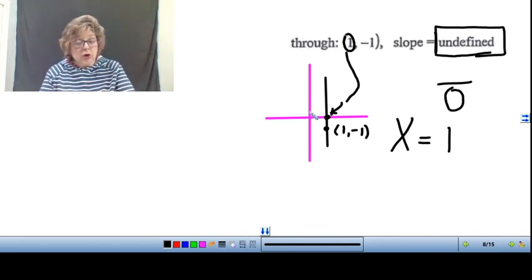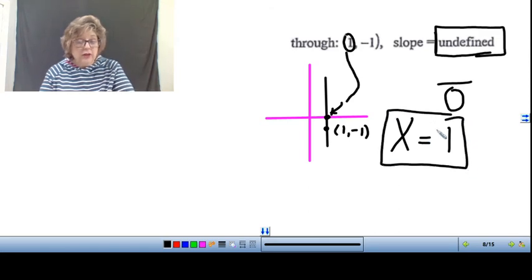Since it's not going to cross the y-axis, I don't have a y variable in the equation. So it has to be just x equals whatever your x value is in your point, and that now is the equation of the line. And this is a special case.